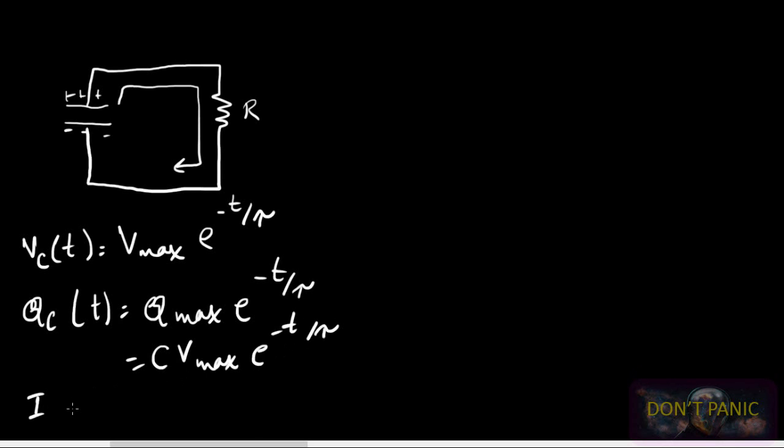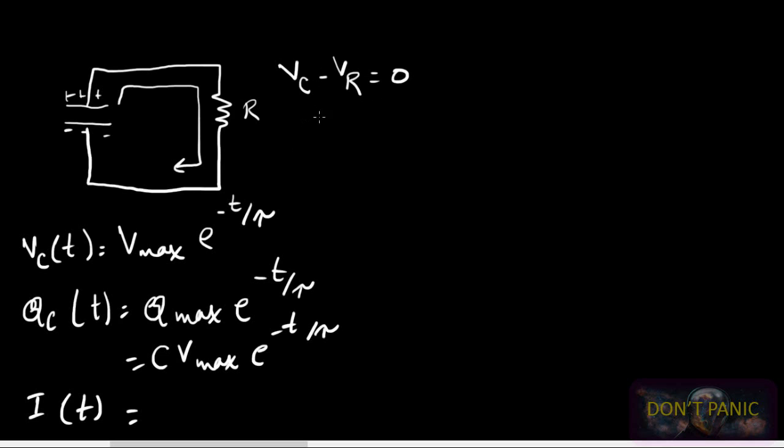And then current in the circuit, do you think that's going to go up or down? That's also going to go down. Initially this circuit is going to have a lot of current because the voltage across the capacitor is going to be the voltage across the resistor. If you write Kirchhoff's voltage law for this loop, it's going to be the voltage across the capacitor minus the voltage across the resistor is equal to 0.